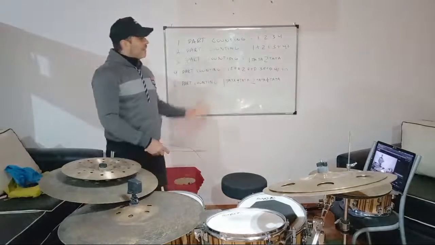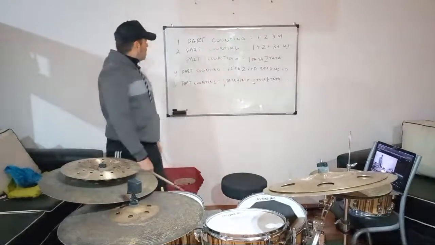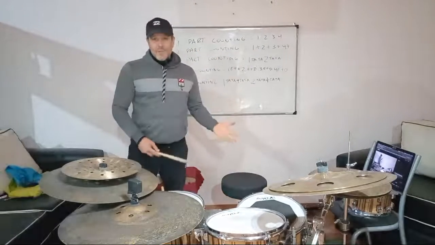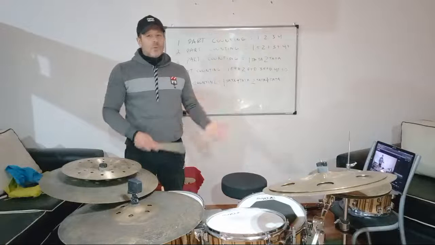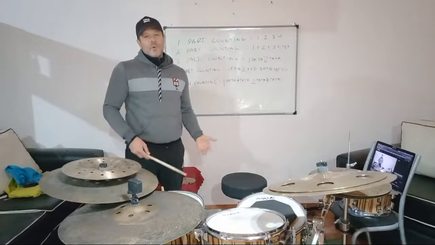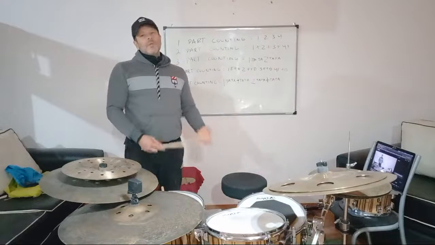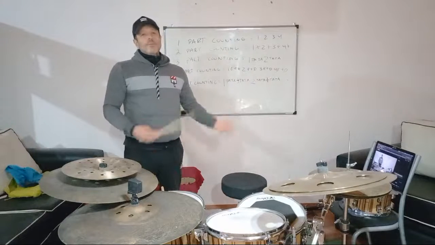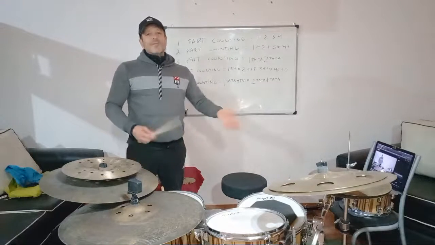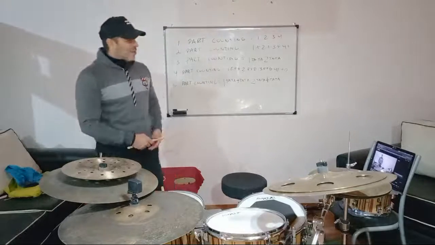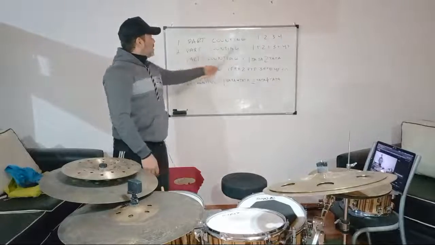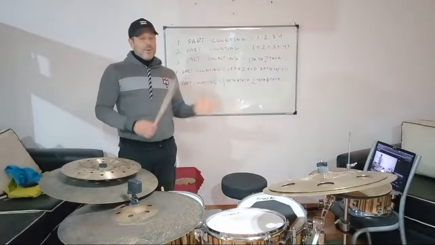In cut time, it would just be 1, 2. If it's in 5/4, 1, 2, 3, 4, 5. If it's in 7/8, it's 1, 2, 3, 4, 5, 6, 7. So no matter what the time signature is, 1-part counting is counting the pulses.